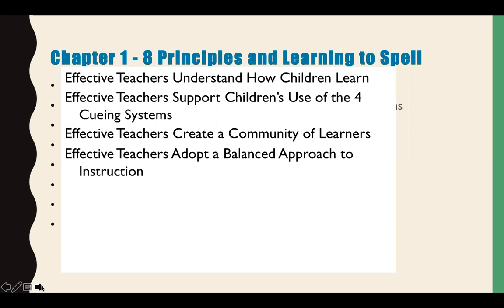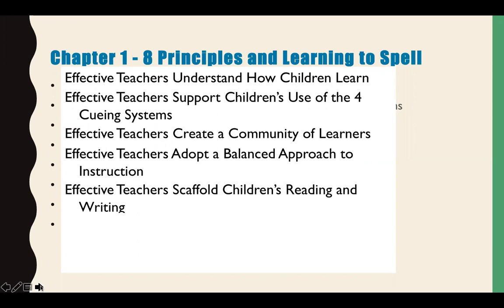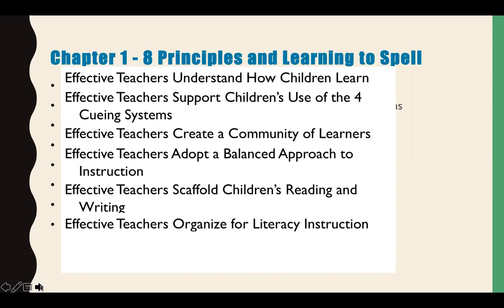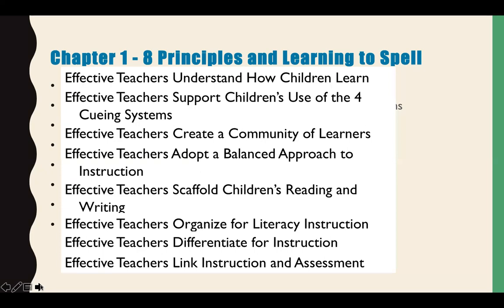What is a balanced approach to instruction of literacy? How do we scaffold children's reading and writing? How do we organize for literacy instruction so that it's not just off the cuff, but it's very intentional? And how do we differentiate for instruction? And how do we link instruction and assessment?